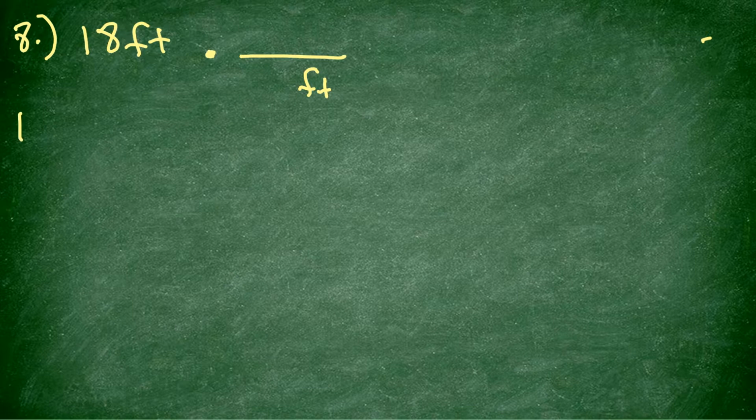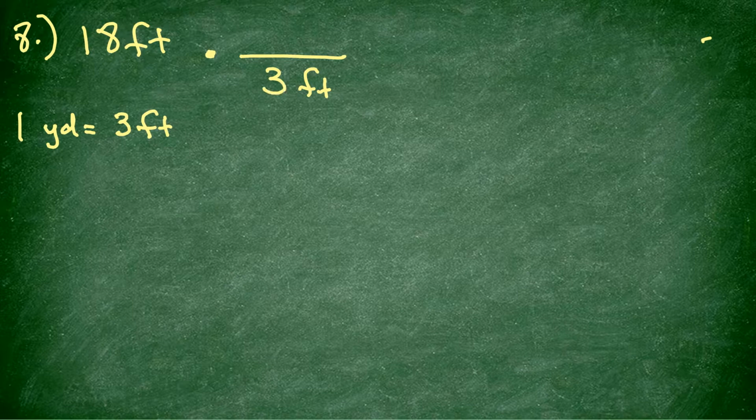Now remember, on 8 through 26 even, I want to see at least one step. So number 8. I want to take 18 feet. I'm going to multiply by a fraction. I want feet to go away, so I pick feet to be on the bottom. I look at my chart. In my chart, 1 yard equals 3 feet.